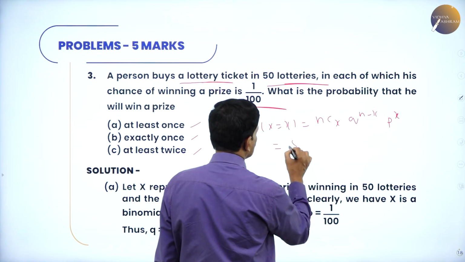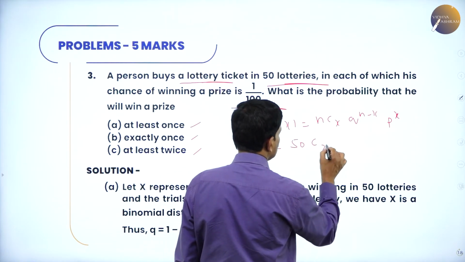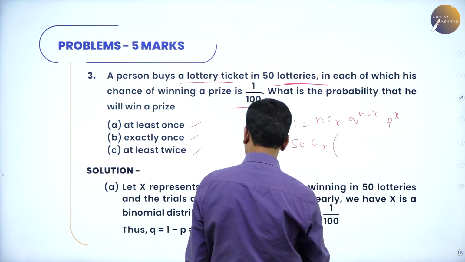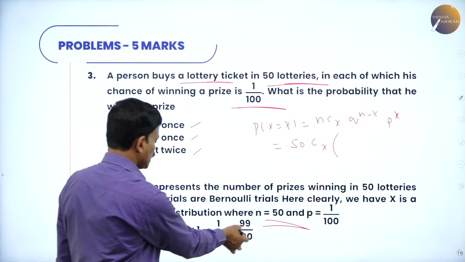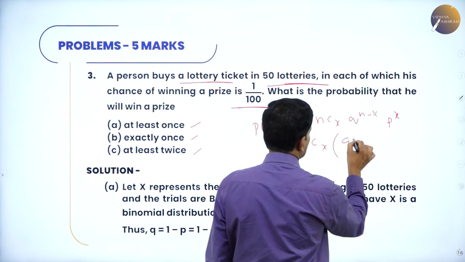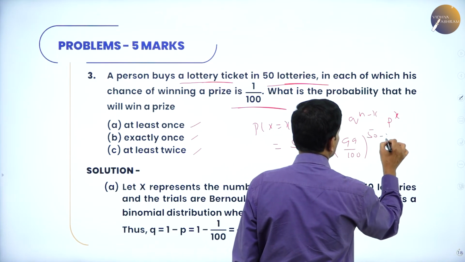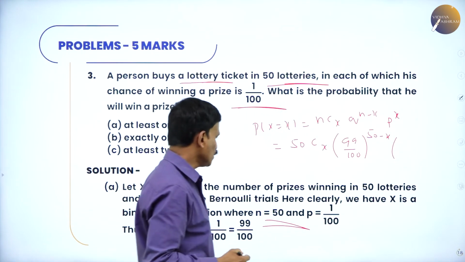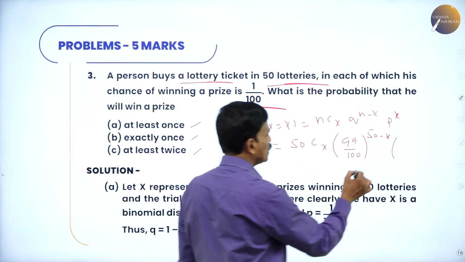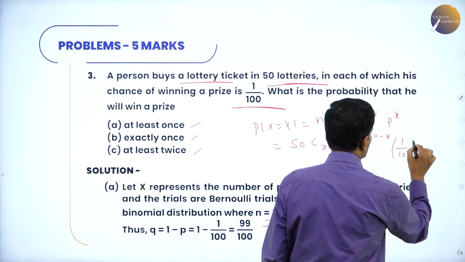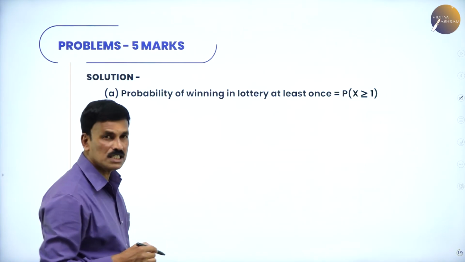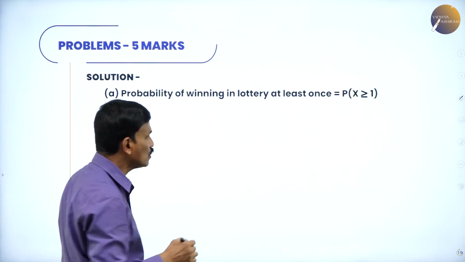We have n is equal to 50, so 50Cx into q, where q is 99 by 100 to the power of 50 minus x, into p, where p is 1 by 100 to the power of x. The probability of winning a lottery at least once is the probability of x greater than or equal to 1.